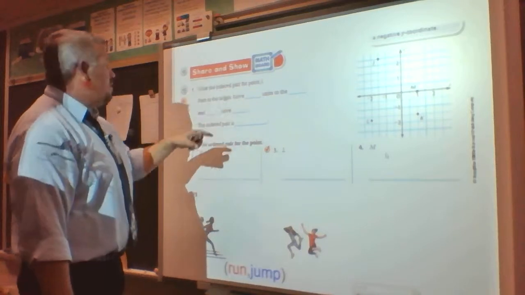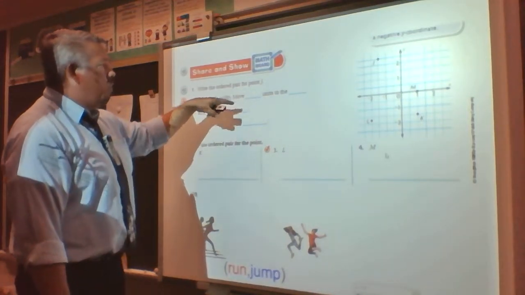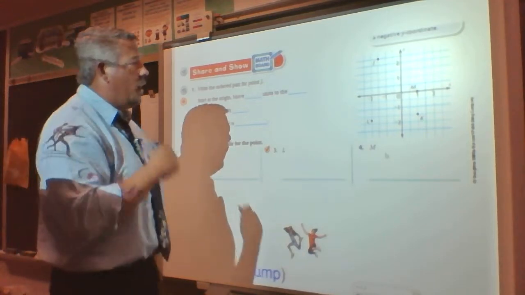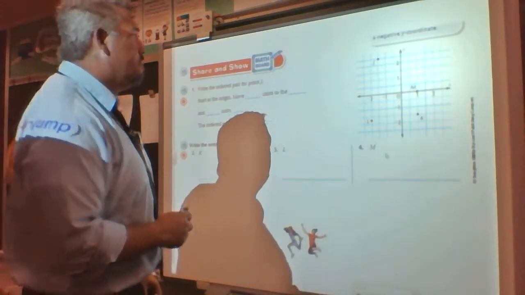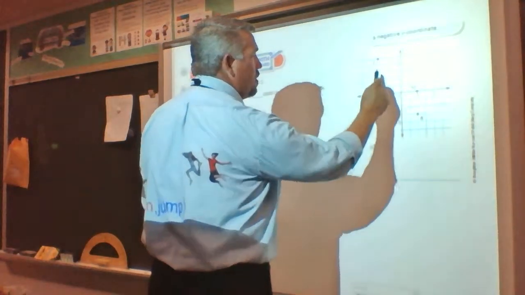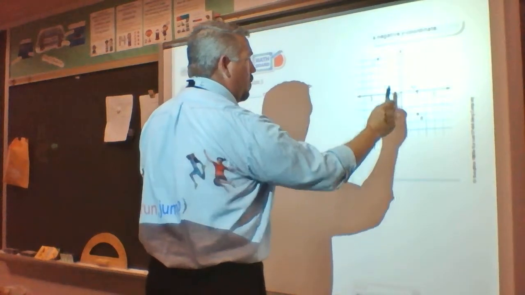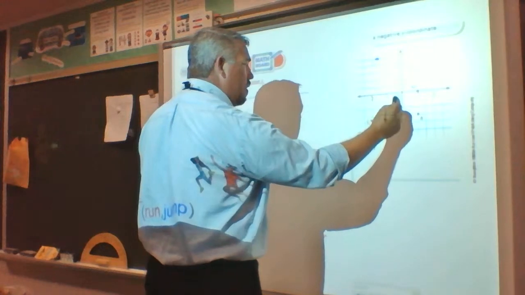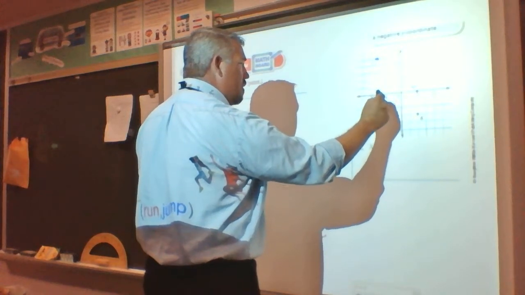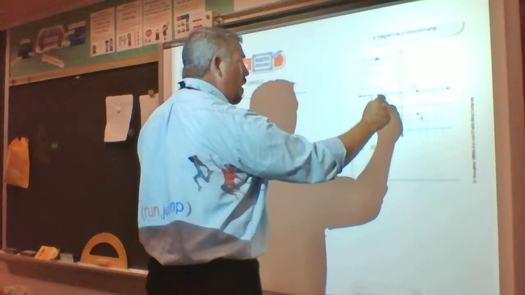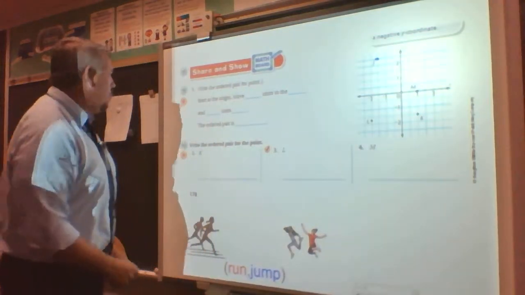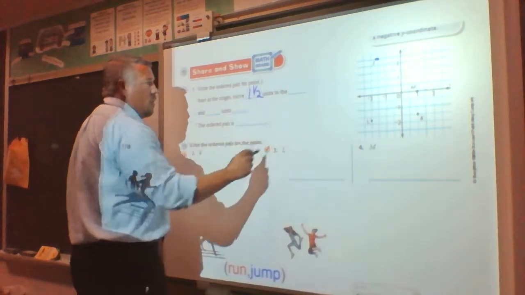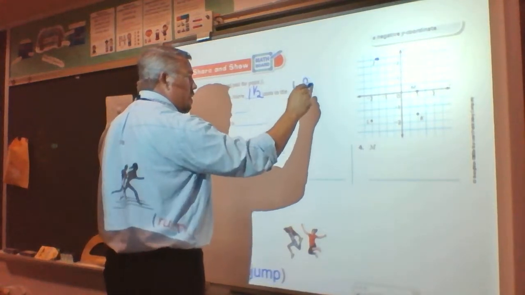So for point J, it says start at the origin and move blank units to the blank. So where's J? I believe this is my J here. And if I'm going to J here, I'm going to the left 1 unit. This is a halfway mark, so -1.5. So on J, I'm going to move 1.5 units to the left.